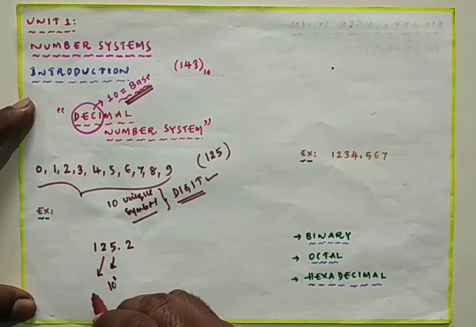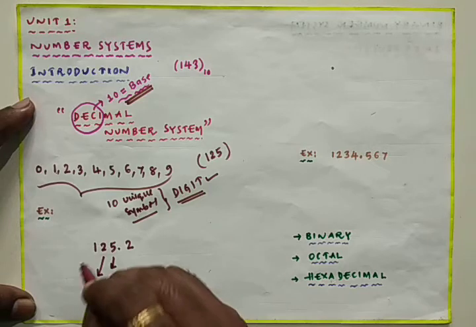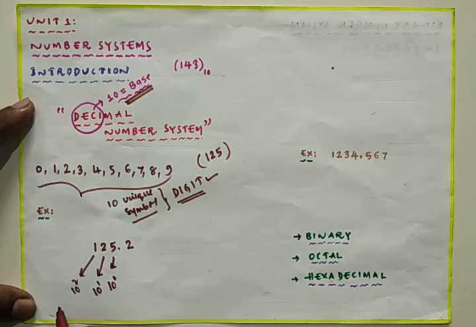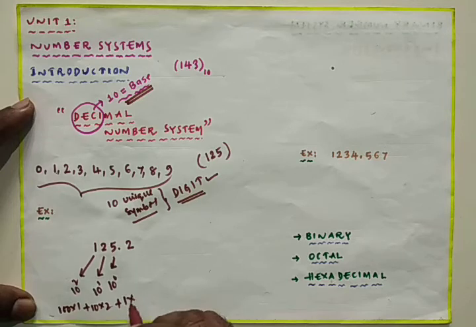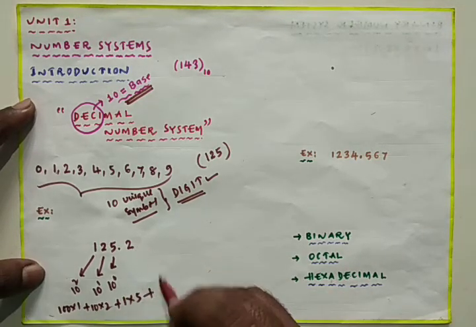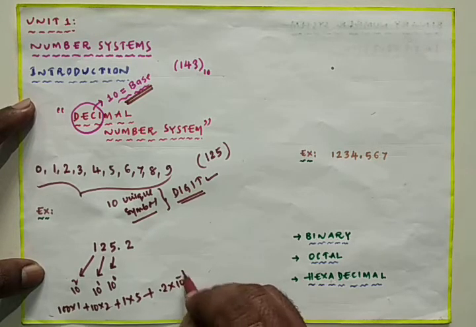The next one is 10 power of 1, and this is 10 power of 2, that is 100. So this is 100 into 1 plus 10 into 2 plus 1 into 5, plus here we have 2 into 10 power of minus 1.